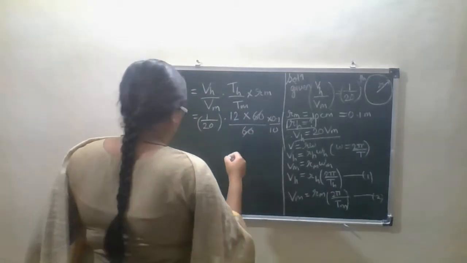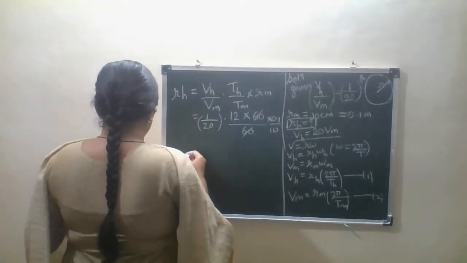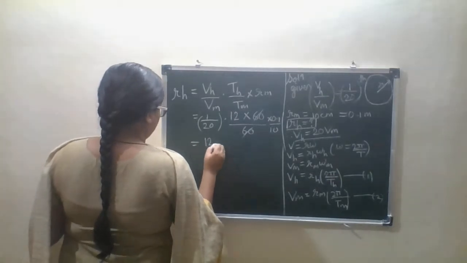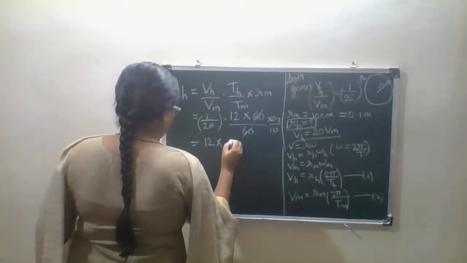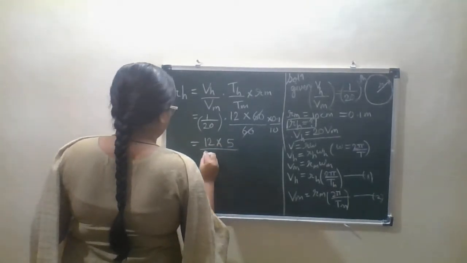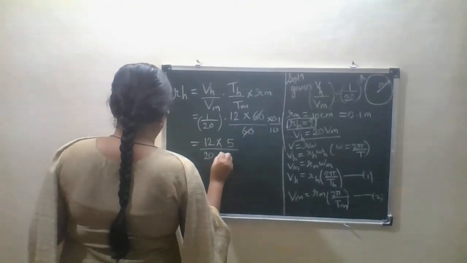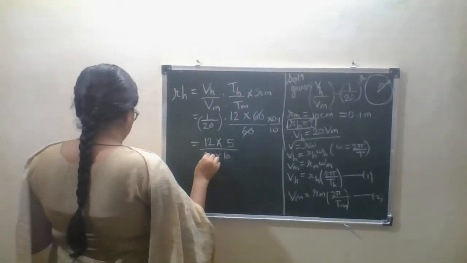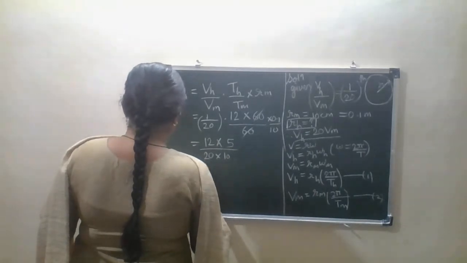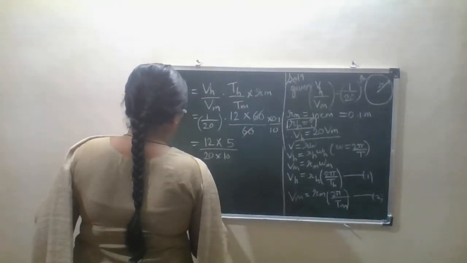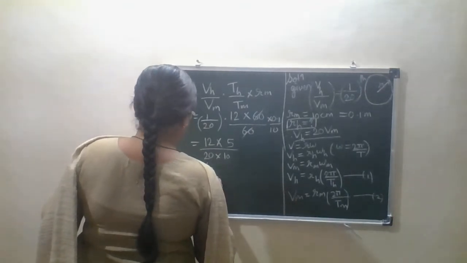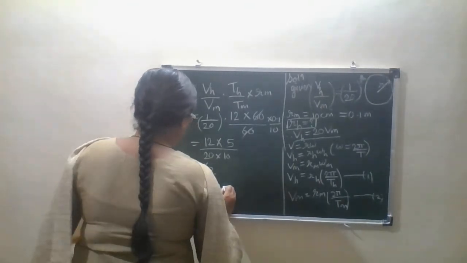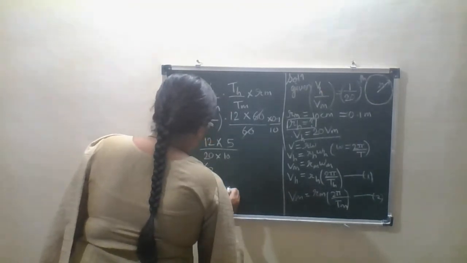This 60 and this 60 cancel. Then it is 12 into 5 into 20 into 10, which is equal to 60 upon 100, which is equal to 0.06 meter.